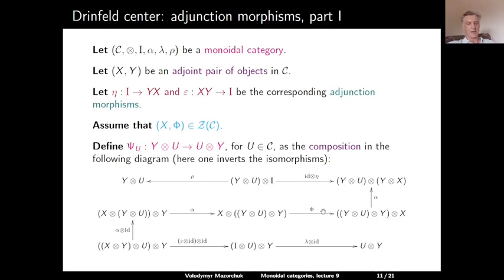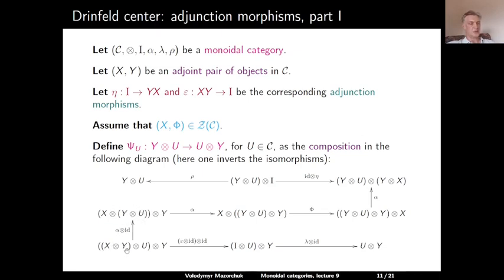And here, we can use phi or phi inverse to relate this element to the element x tensor y tensor u tensor y. Again, we use associator to move the outer brackets, and then the associator again to move the brackets inside the outer brackets.